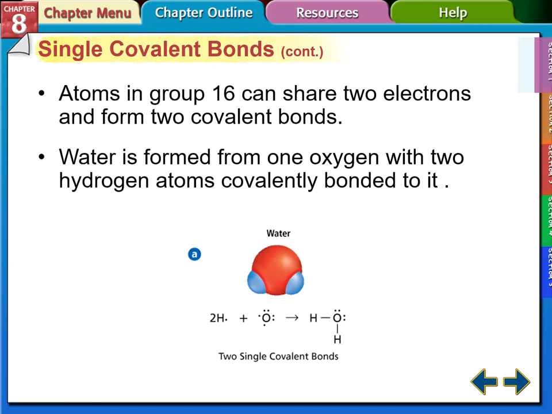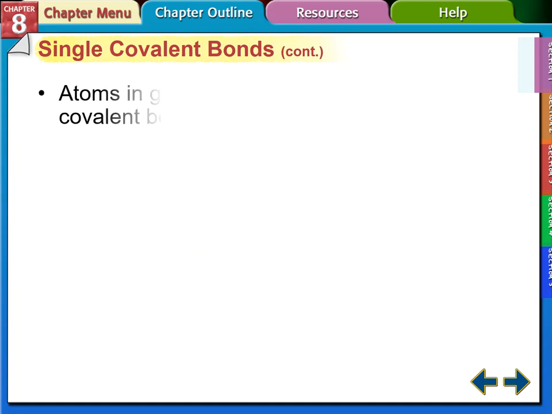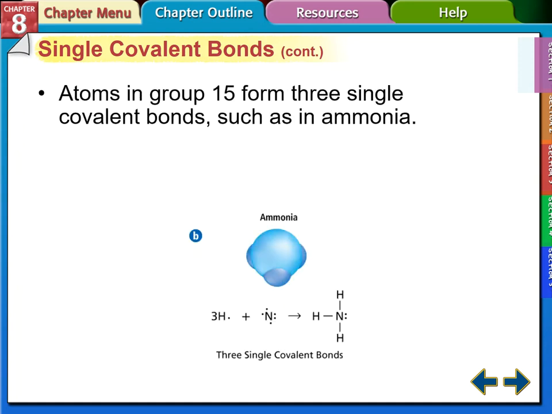Atoms in group 16, the oxygen group, can share 2 electrons, right? They have 6 valence electrons. They need 2 more to get to 8. So the oxygen typically shares 2 electrons, either in single bonds, 2 single bonds like this with water, or it can form one double bond where it shares both of its electrons with one atom.